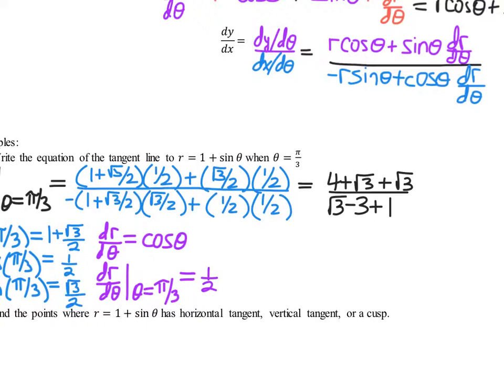Ideally, I'd like to find any mistakes before I go home and have to do an entire lesson again. So 4 plus 2 radical 3 up top, and then negative 2 radical 3 minus 2.